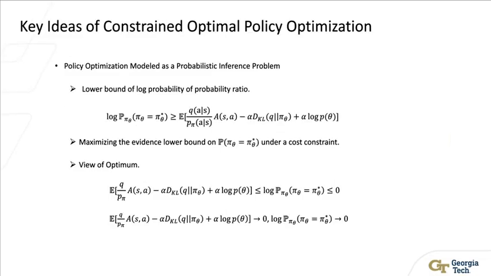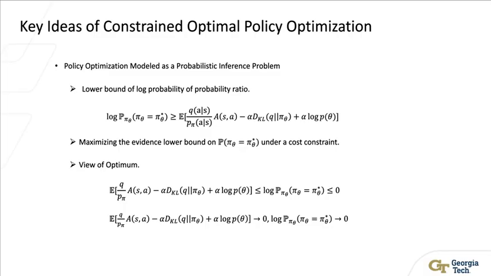Next, we discuss the key ideas of constrained proximal policy optimization. We see that this CPPO models the policy optimization problem as a probabilistic inference problem. Specifically, it considers the log probability that the current policy is the optimal policy. This probability should be no less than the evidence lower bound, written as a form of expectation.